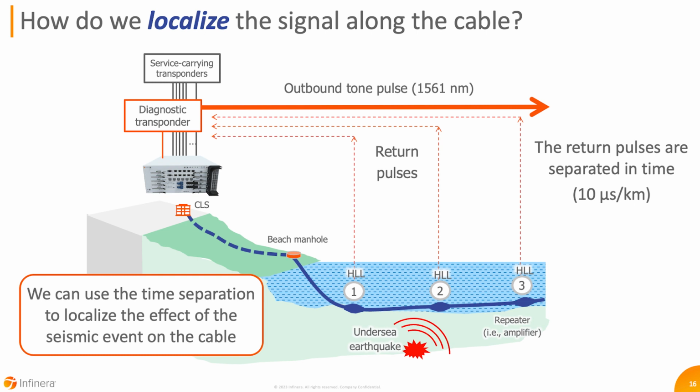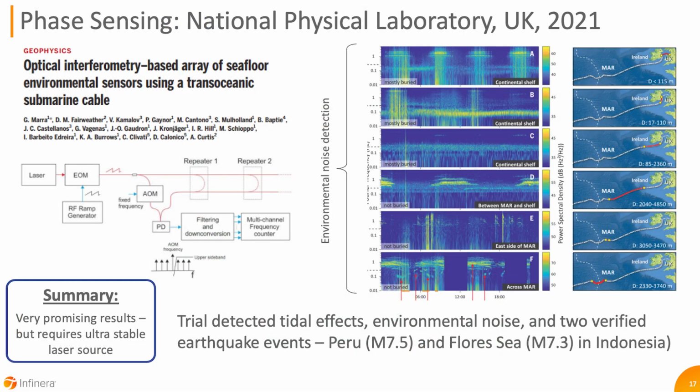Each pulse transmitted will be separated by 10 microseconds per kilometer; light travels in the fiber at around 4.95 microseconds per kilometer. So we can use the time separation to localize the seismic event.